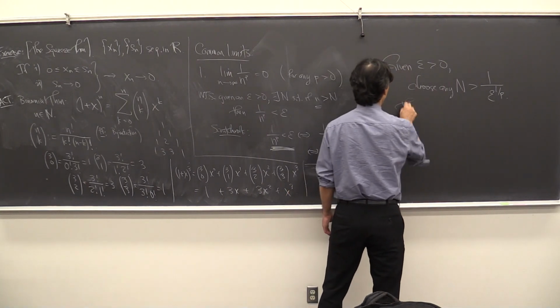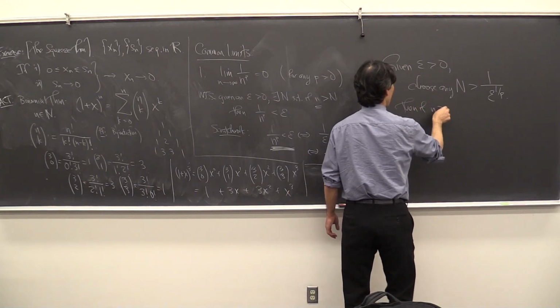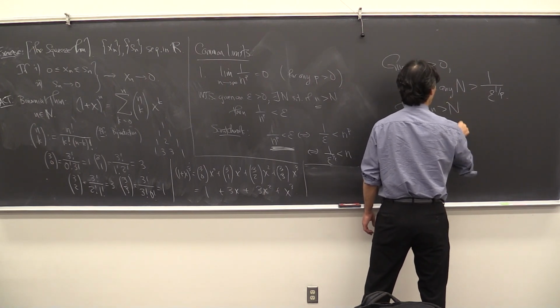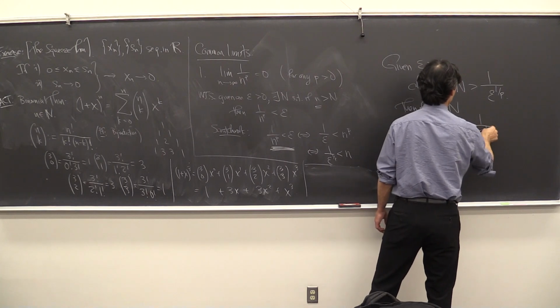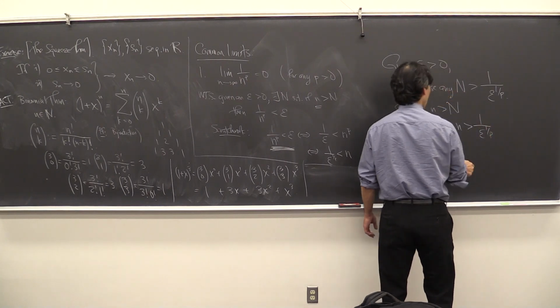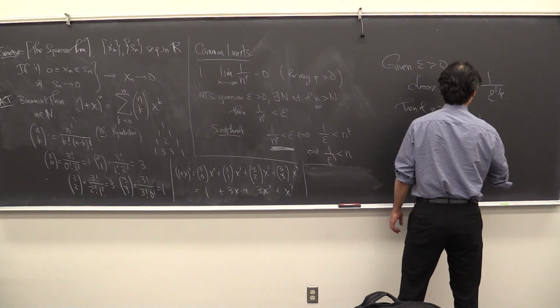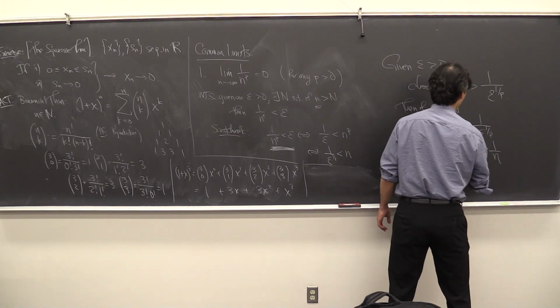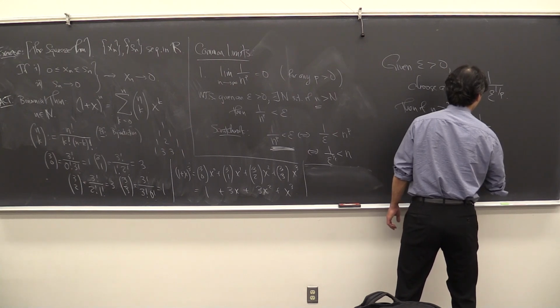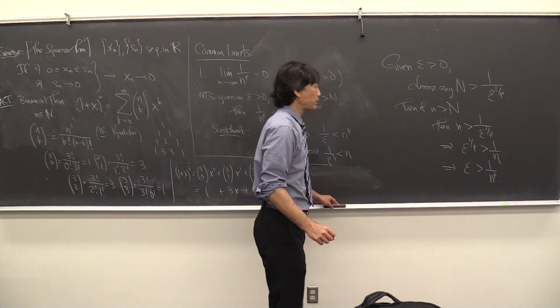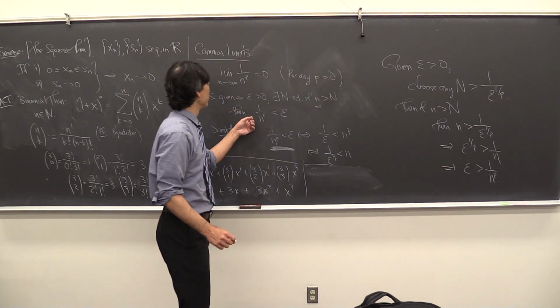Then, if n is bigger than capital N, well, then n is certainly bigger than 1 over epsilon to the 1 over p, which means that epsilon to the 1 over p is bigger than 1 over n, which means that epsilon is bigger than 1 over n to the p. Which is what you wanted.